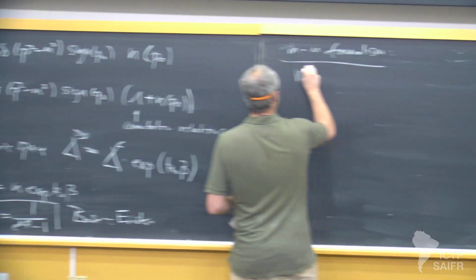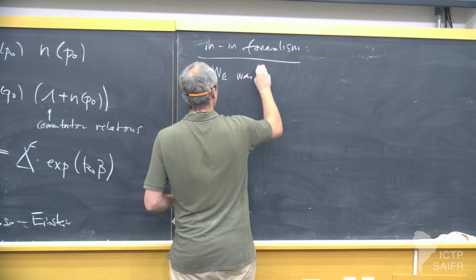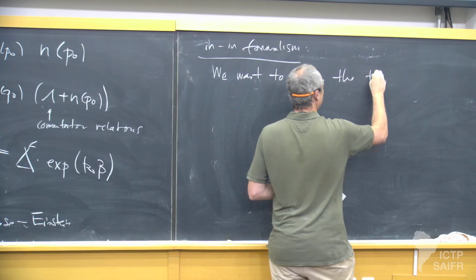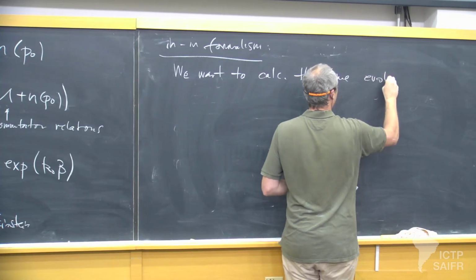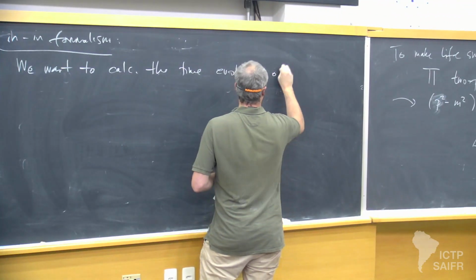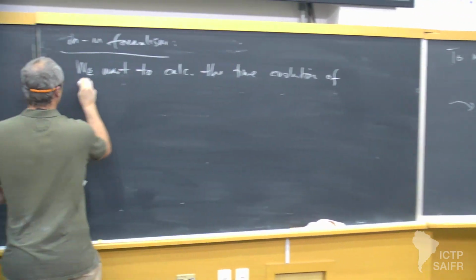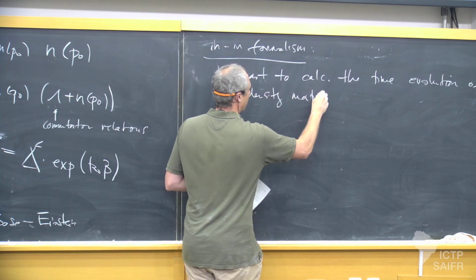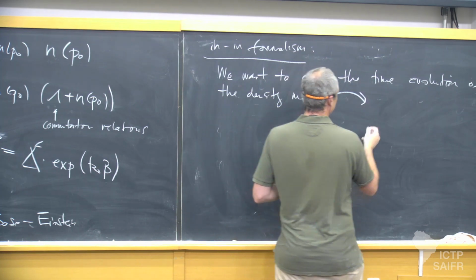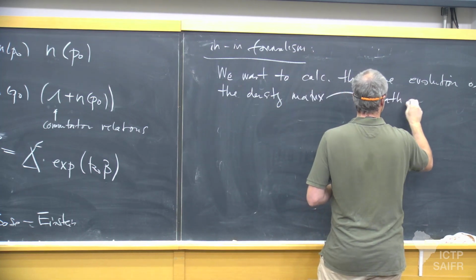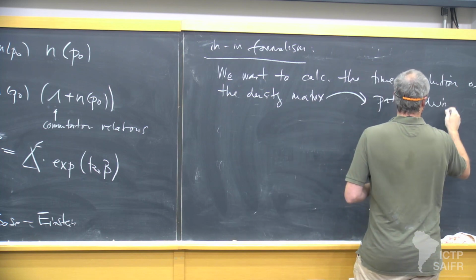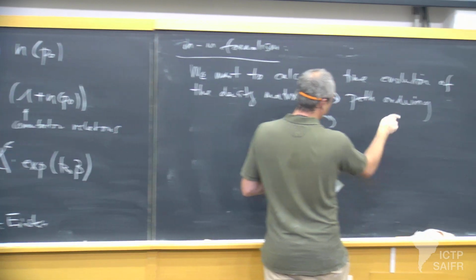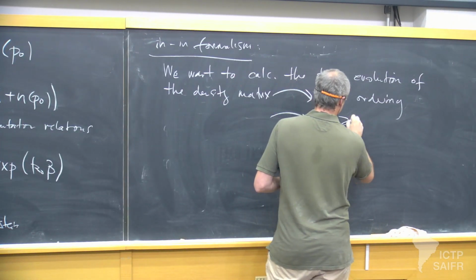Okay, so we want to calculate the time evolution of the density matrix, and what we've seen is that what pops up is this additional path ordering, which we can basically transform into this plus-minus 2 by 2 structure.